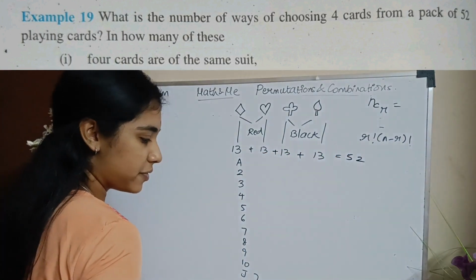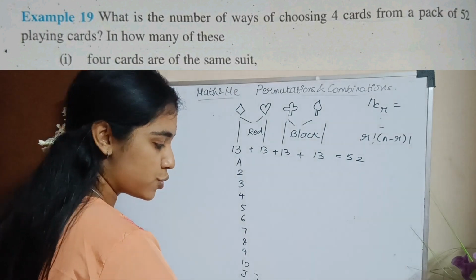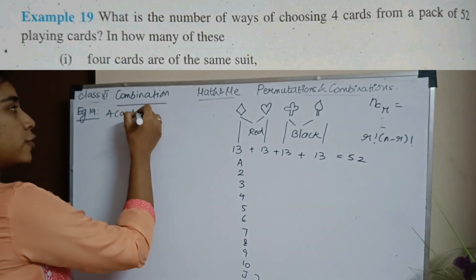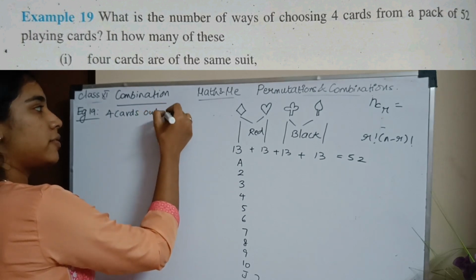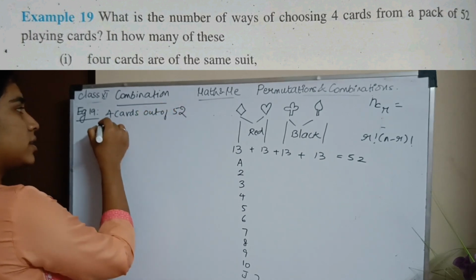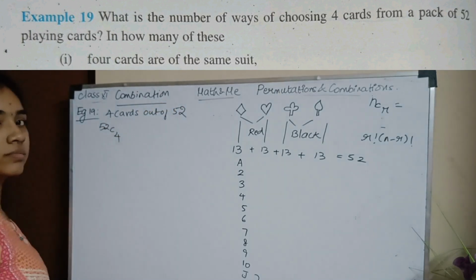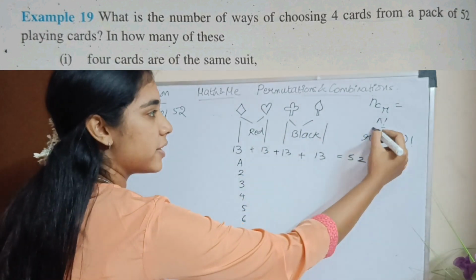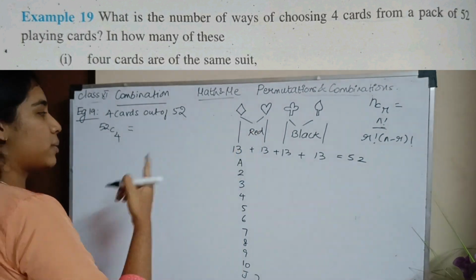Okay. So what is the number of ways of choosing 4 cards? So basically, you have to choose 4 cards out of 52. How can you do that? 52 choose 4. So this will be 52c4, formula n factorial divided by r factorial n minus r factorial.